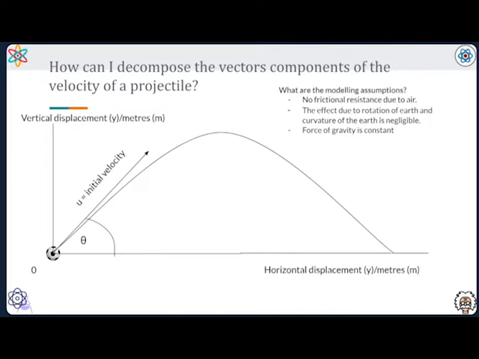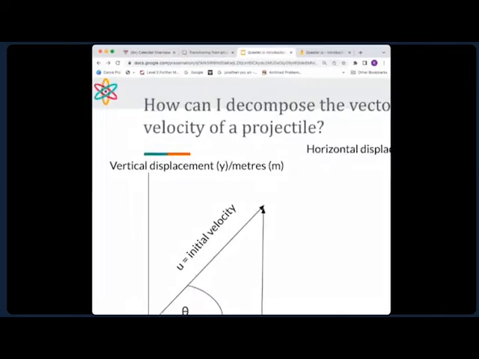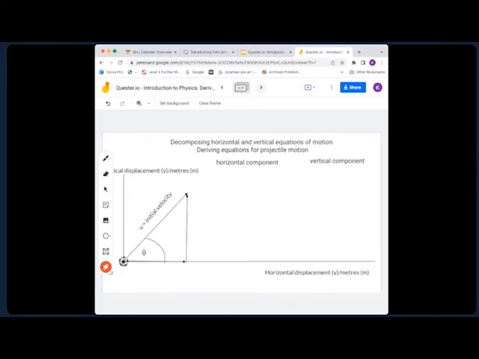Okay, now we're going to decompose this projectile into its vector components. I'm going to go back into my Jamboard so I can explain this.